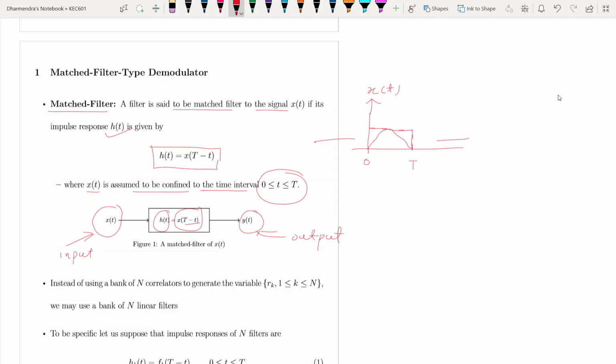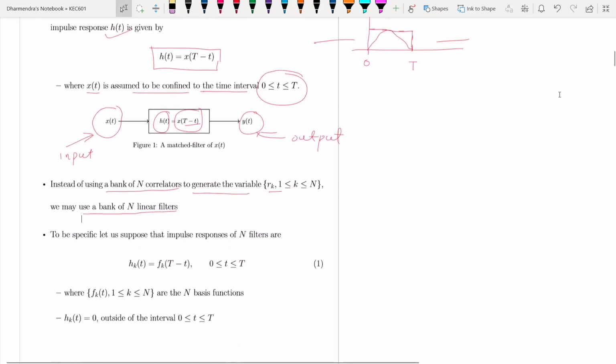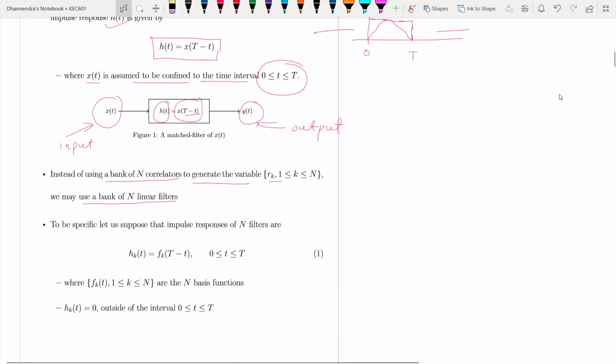So instead of using a bank of N correlators to generate the variables, meaning projections of r of t on the N basis functions, we may use a bank of N linear filters. To be specific, the filter impulse response should be matched to the basis function, not r of t.